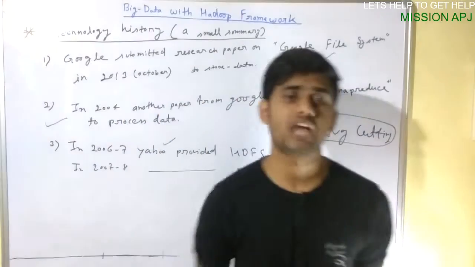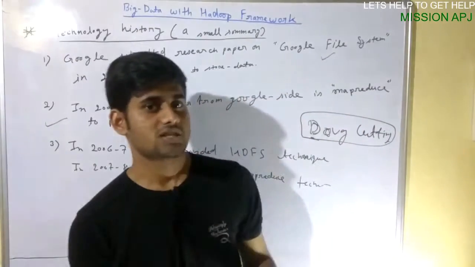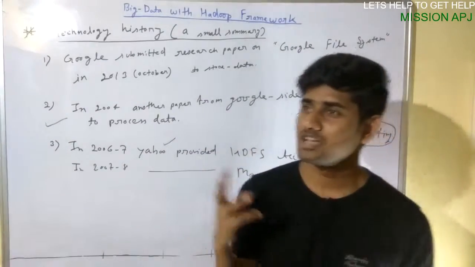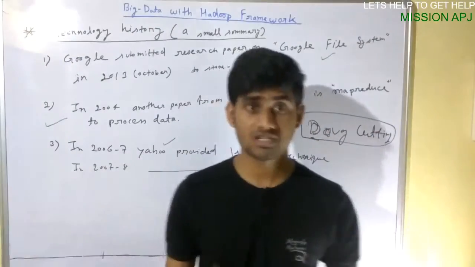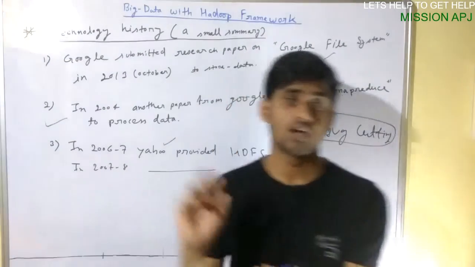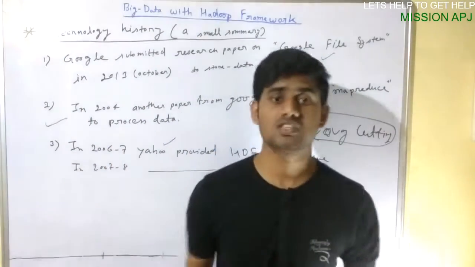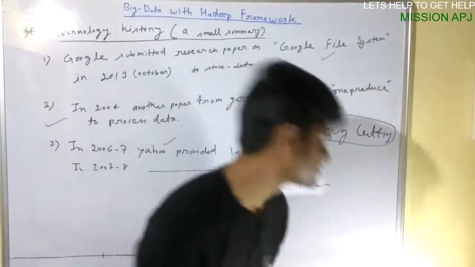From that recognition, the elephant was taken as the symbol for Hadoop. It is not that Hadoop took the symbol because of big data, or that an elephant is very big. It is not that case; it was actually Doug Cutting's child who inspired it. It's just a fact.